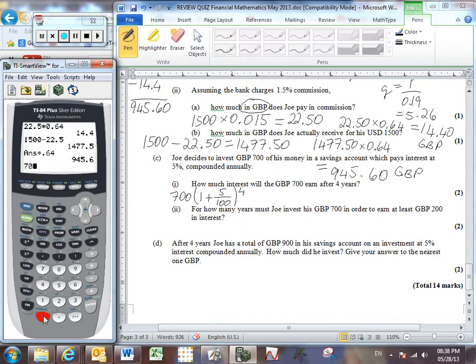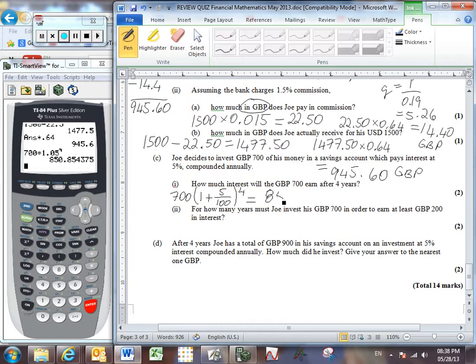So what is 700 times 1.05, a 5% increase, raised to the power of 4 to represent 4 years have passed, and I find out that in money, remember, I've got to round to two decimal places, 850.85.